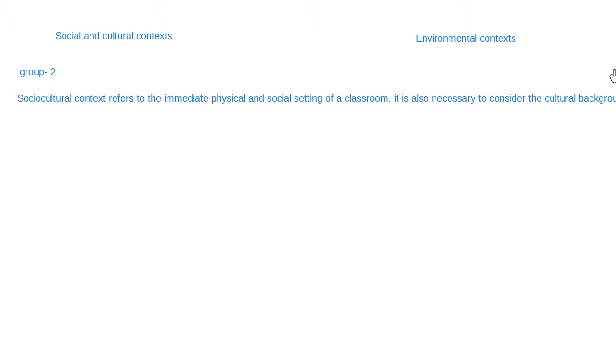For instance, if you use your environmental context, you can use the bees and how they structure their hives, and relate that to the patterns and the different shapes. So that is an environmental context, the life of a bee, that you can use in your classroom.